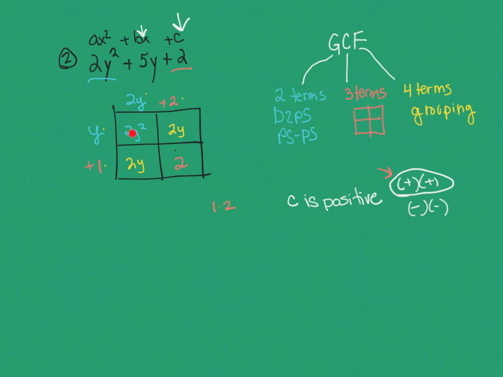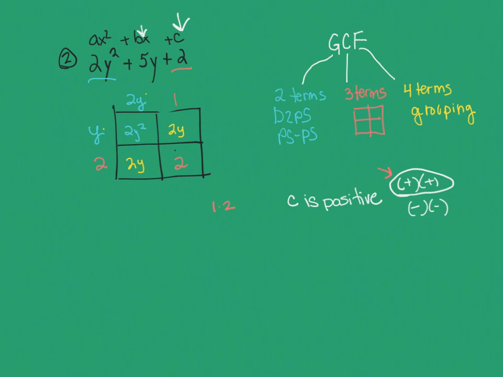So when I put in the 2y squared and I wrote the y and the 2y, I said that I've anchored those in. I'm going to keep them there. But what I can change is when I put the 2 here and the 1 here, I could have very well reversed that. And I could have put the 2 here and the 1 here.